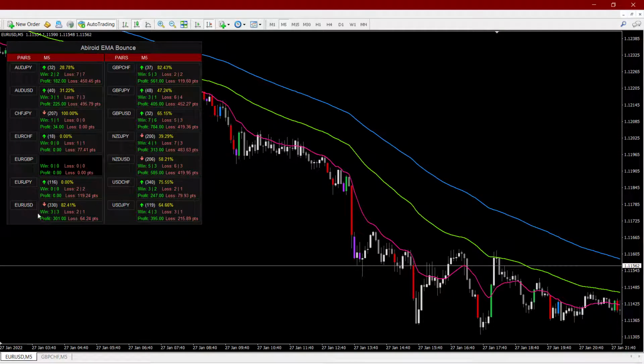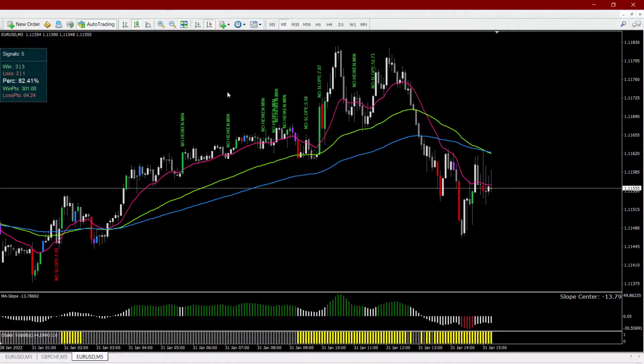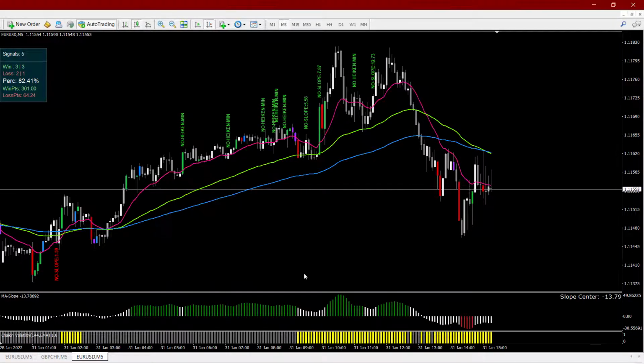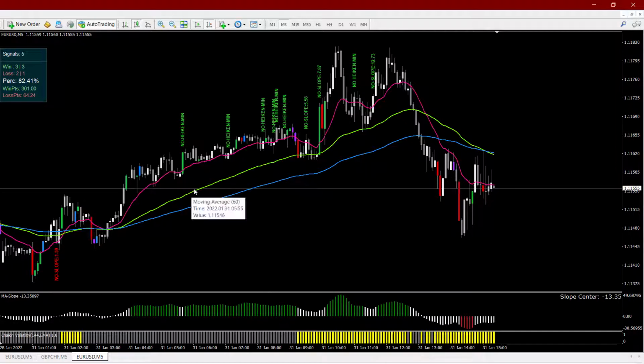Now let's take a look at maybe this pair. And I'll go to the arrows indicator settings. Before that, let me just show you all the other indicators on the chart so it's easier to understand. These three moving averages are the inbuilt MetaTrader moving averages.